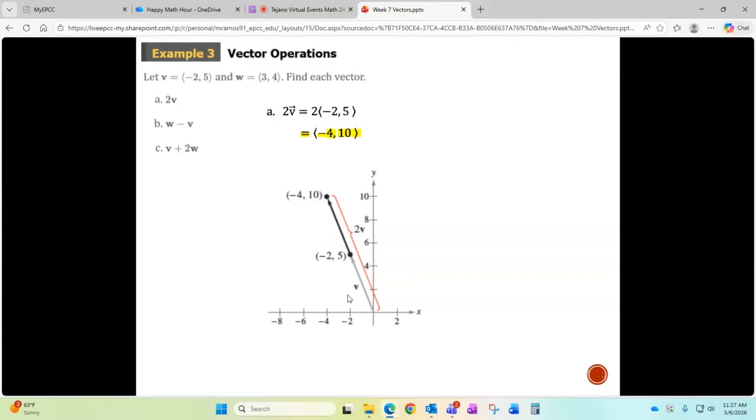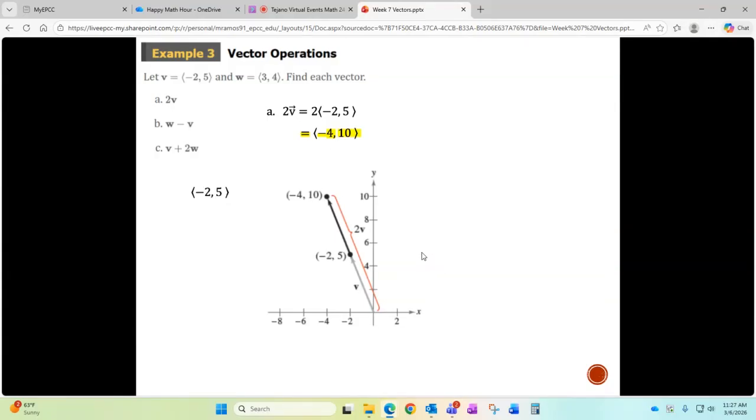So from 0, 0 to -2, 5, okay? So when I do 2 times that, I'm doubling this value. So I just take this vector right here, and I'm going to double it. So I start another vector at the end of this one and go up again, and I just doubled that vector. So that total length is what we got by multiplying, -4 and 10. So now it ends at -4, 10 once I did the doubling, or times the 2.